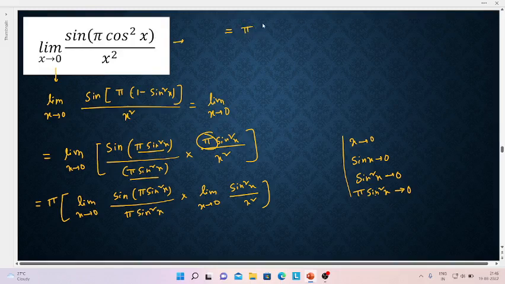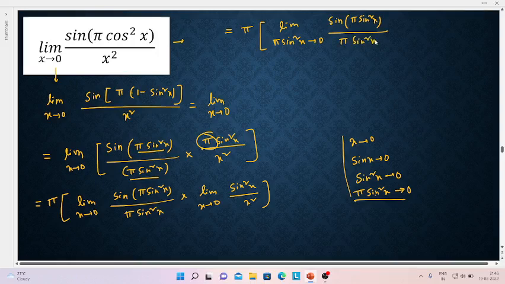So that will become pi times, since x tends to 0, pi sin square x tends to 0, because I have already told you how we can think: as x tends to 0, pi sin square x always tends to 0. So we will have the limit of sin(pi sin square x) upon pi sin square x, times this particular thing, which can be written as limit x tends to 0 of (sin x upon x) whole square.